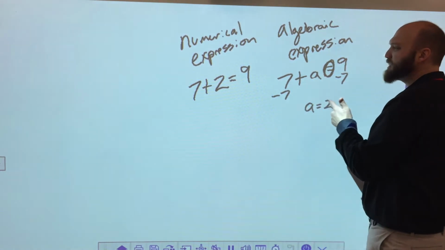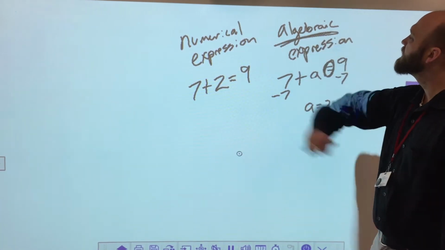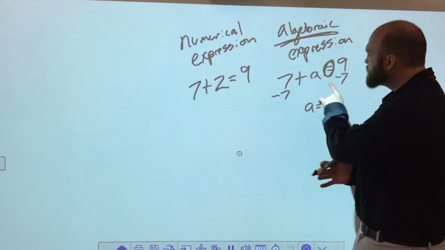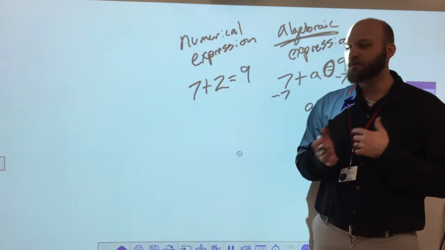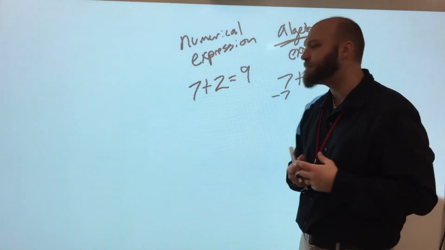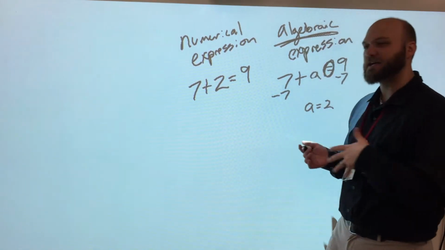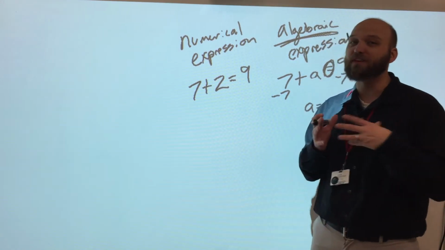An algebraic expression is different from a numerical expression because we're using letters to hold the place of numbers we don't know yet. And so people tend to go, well, I have to do math with letters and that's weird and I don't know how to do that, right? But you realize you're not actually solving with the letters, you're solving for what the letters represent.